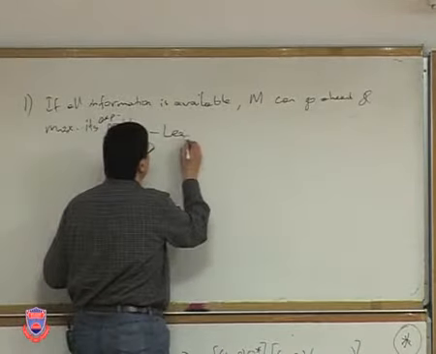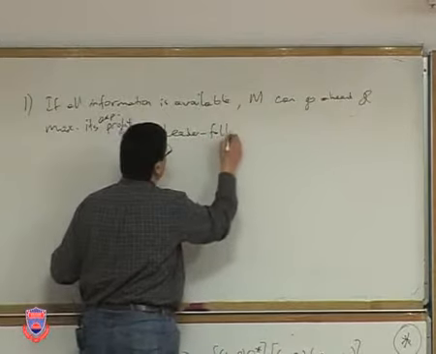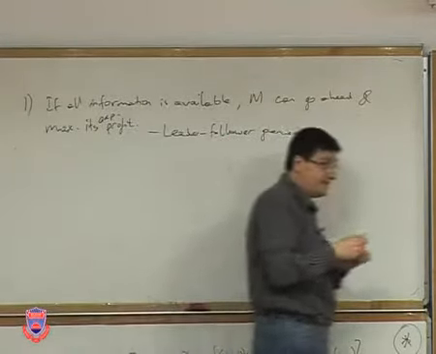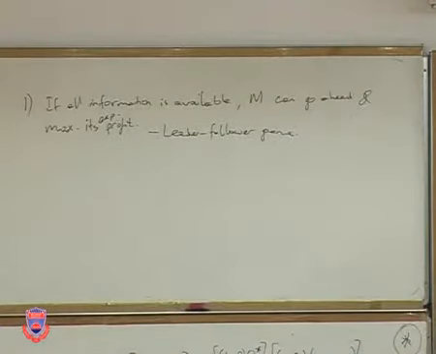Okay? And why do we call it a leader-follower game? Because basically the leader announces some prices, C1, C2, R, some parameter values, and the retailer follows with the optimality equation. Okay?